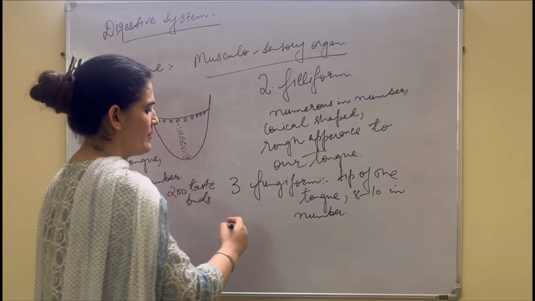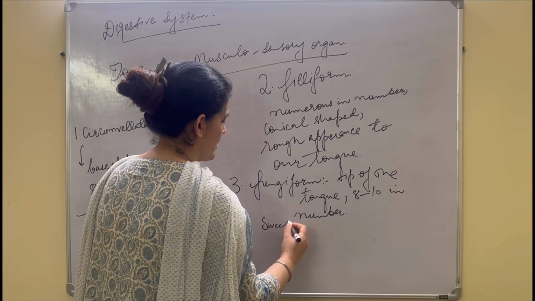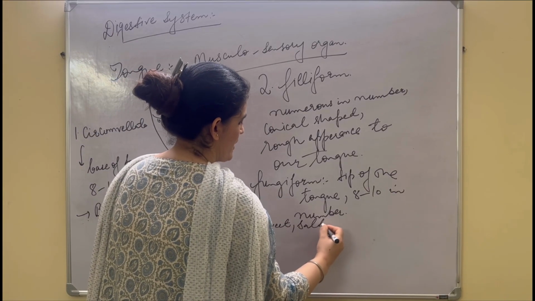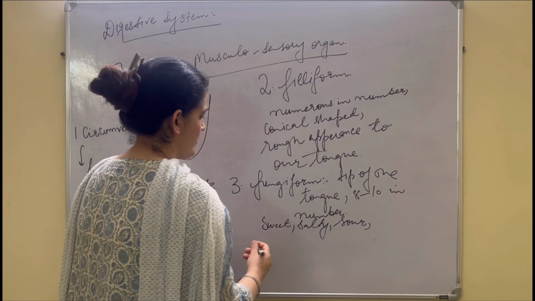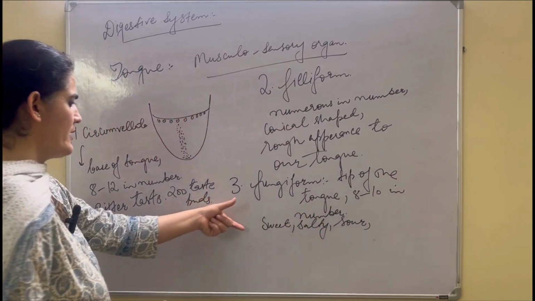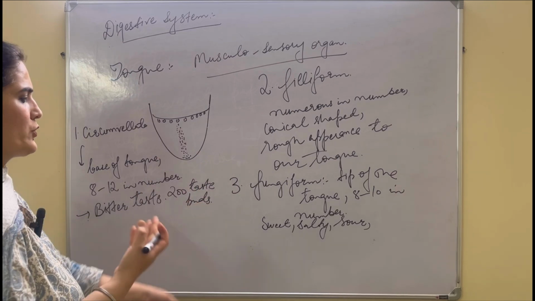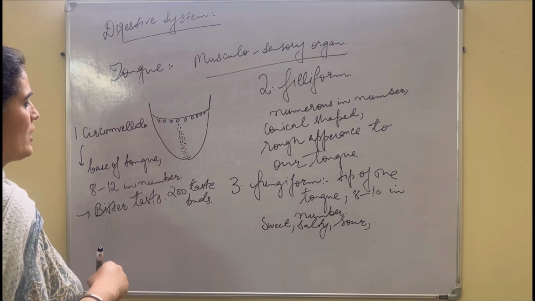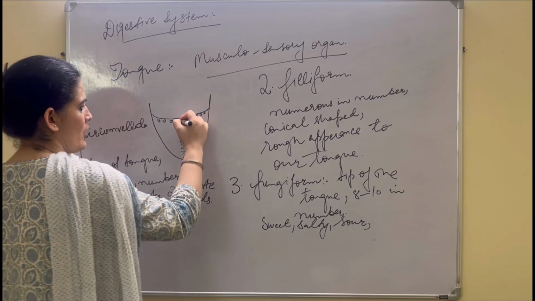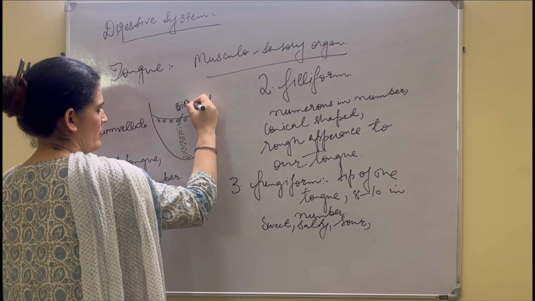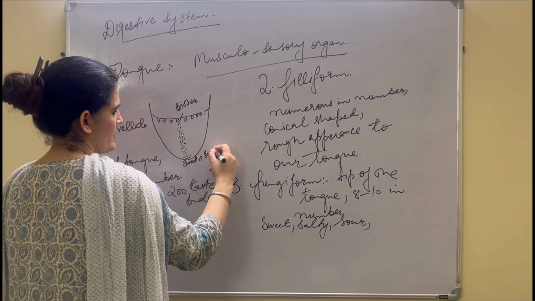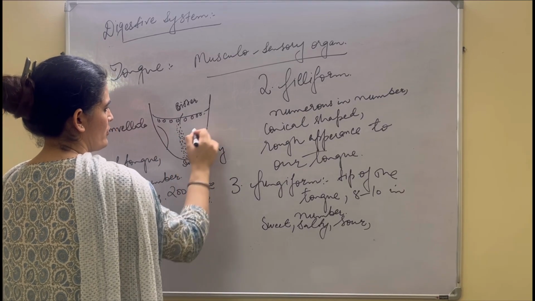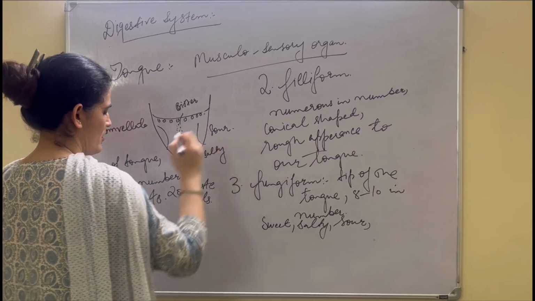And they also help in detecting tastes like sweet, salty and sour. So if we say bitter is here, sweet and salty is here, and sour is on the sides.